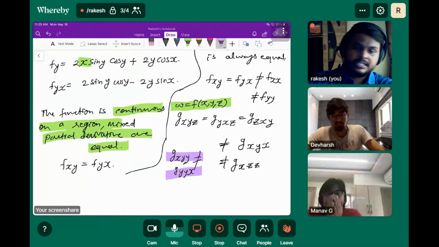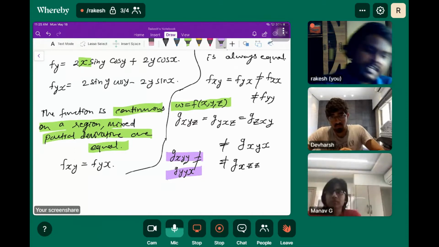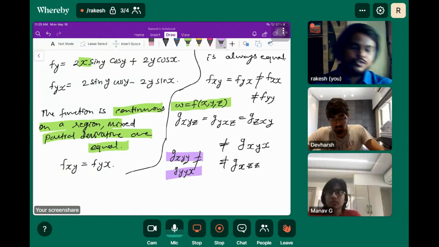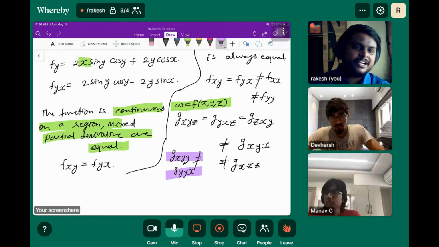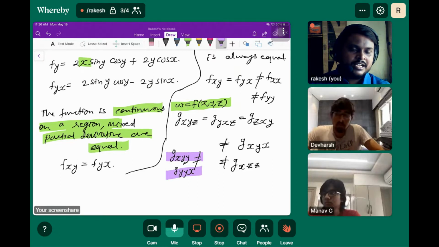Now I have a lot of things to discuss, like I said, the real life example. I'll tell you the example where independent variables are involved and the dependent variable is dependent on those independent variables.